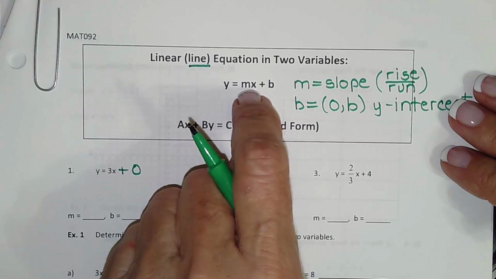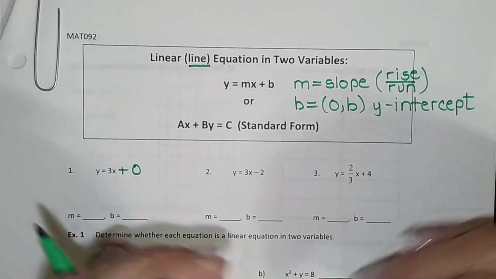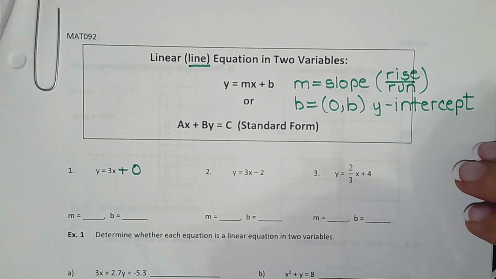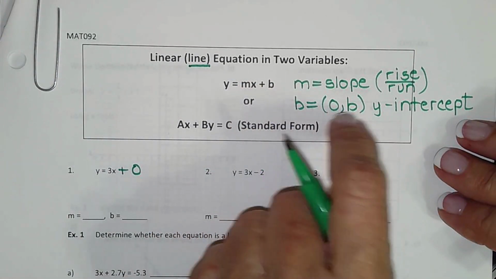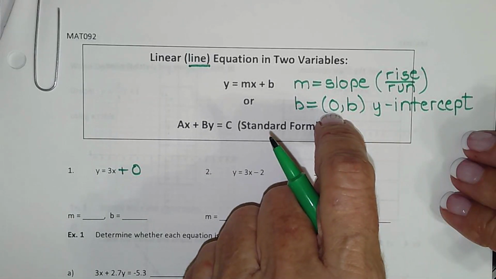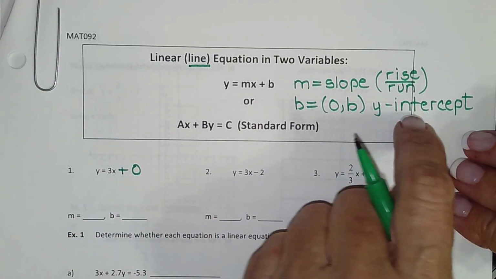So that's why he chose m for slope, because he was talking about how steep it is. And then 0 comma b, remember how we said on the last page the y-intercept always has x equals 0, so 0 comma whatever right there is called the y-intercept.